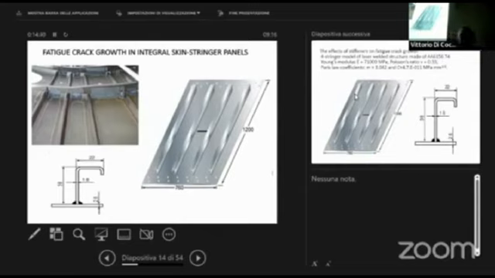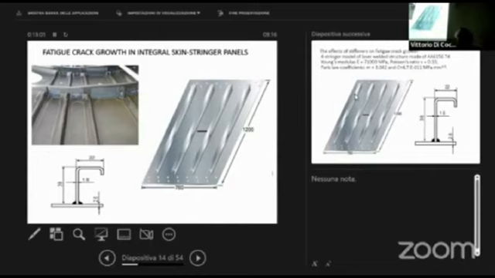So there is a panel, a straight one. It doesn't make much difference if it is a bit curved as in reality. And there are 4 stringers welded by laser beam welding in this case. And there is, of course, a crack.